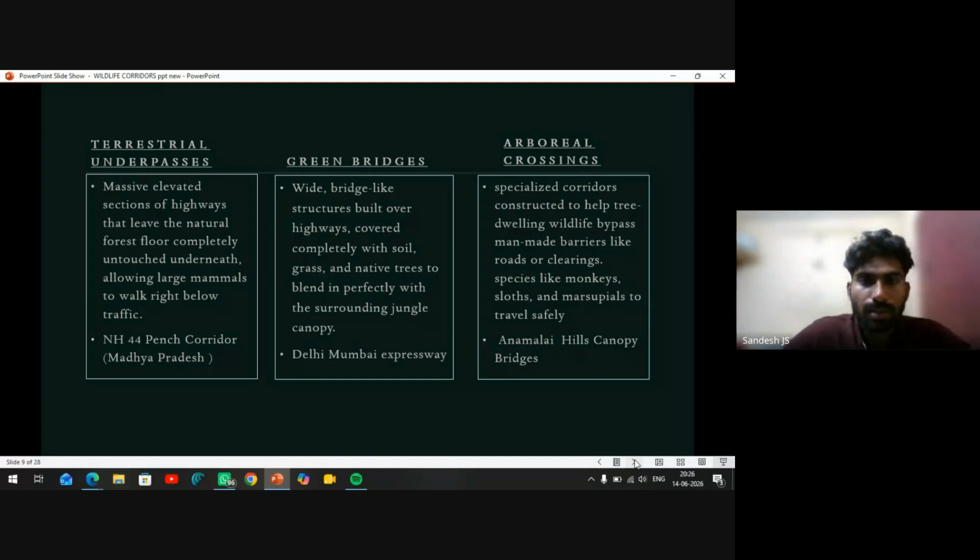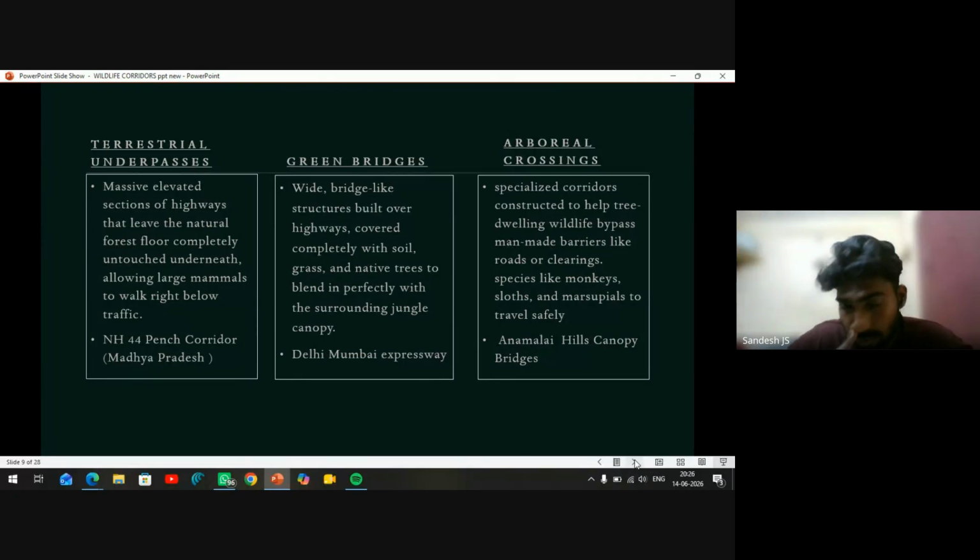Like I said, vehicles move underneath, and above there is a connection like a bridge for the animals to move. It has to blend with nature.